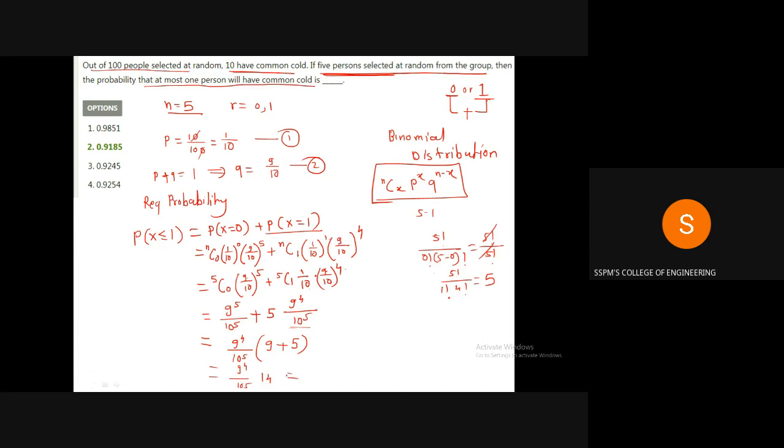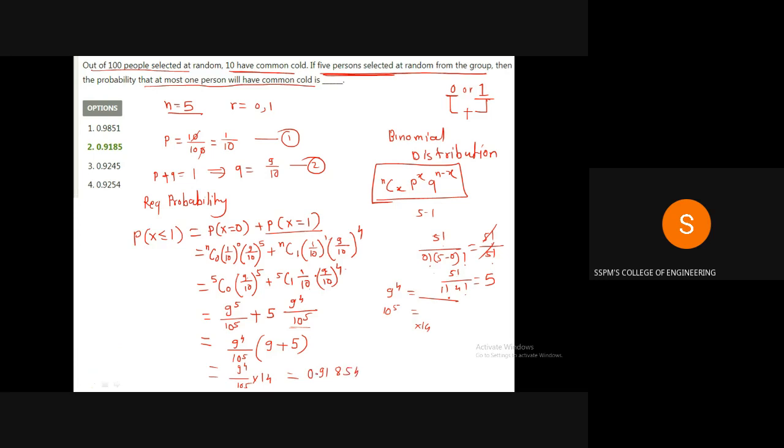If you solve this, what will we get? You just have to find the value of 9 raised to 4, then find the value of 10 raised to 5, then divide them, and then multiply by 14. I will directly write the answer, which is 0.91854.